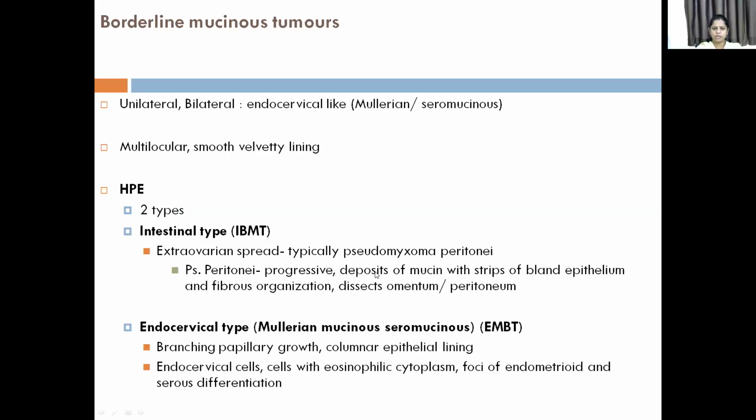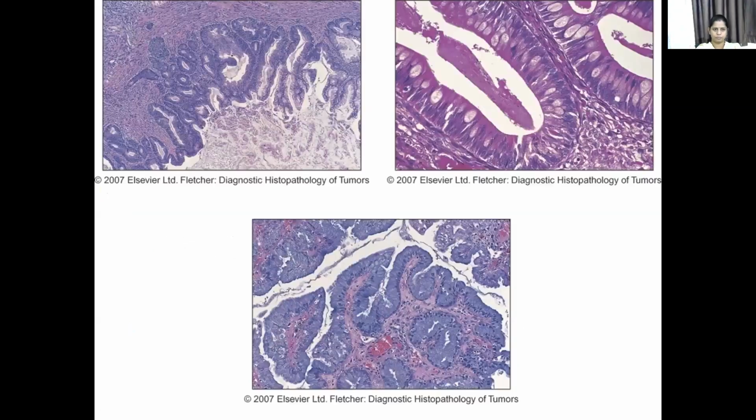It is progressive deposits of mucin with strips of bland epithelium and fibrous organization that dissects the omentum and the peritoneum. This is the mucus. Stratification with two, three layers of epithelia is seen in this particular papilla, right?